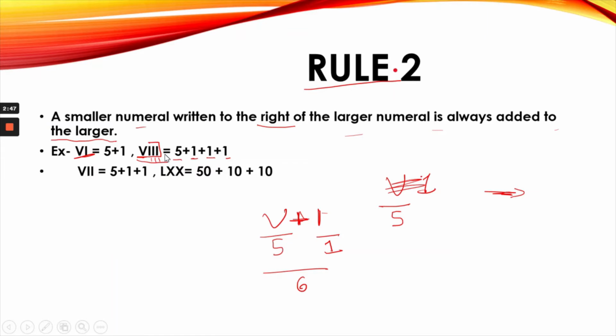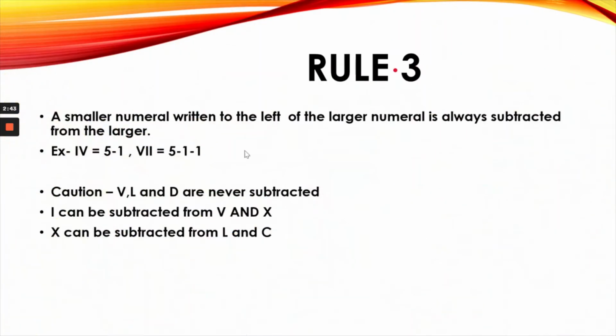Now let's see our next rule. The next rule is rule 3. A smaller numeral written to the left of the larger is always subtracted from the larger. Left is this side. Like I have written I and V. This is 5, and this is 1.